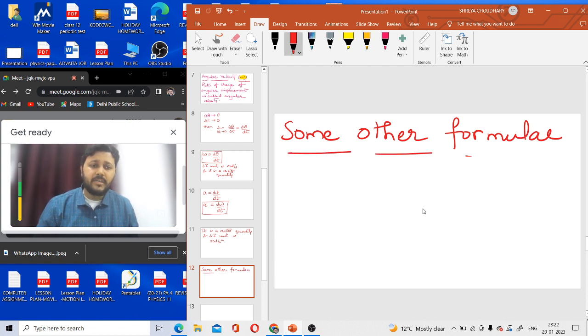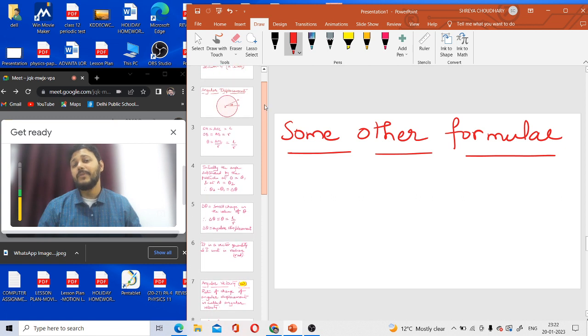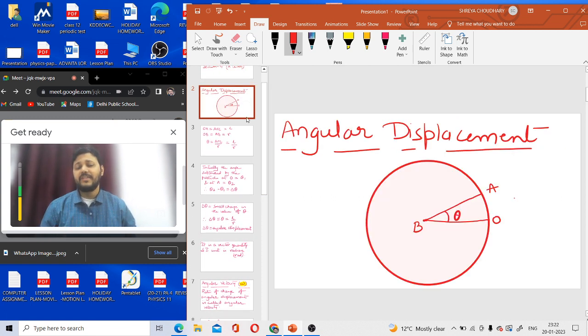One thing may run in your mind: why are we using the term angular? Whenever the particle is revolving on a circular path, the particle tends to have some angle with respect to the initial position or with respect to the center. That's why the word angle is taken into consideration.